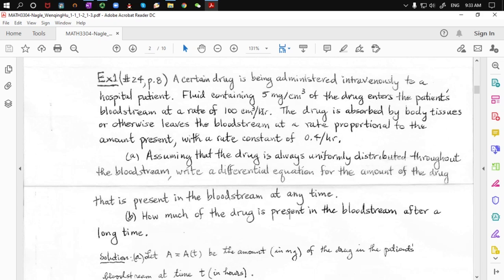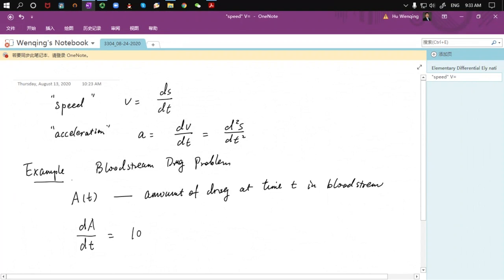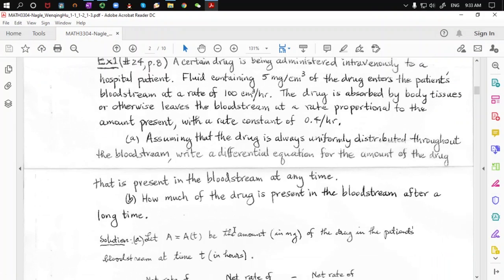Well, the inflow is the fluid that enters the bloodstream. That's 100 cubic centimeters per hour, containing 5 milligrams. So in terms of the amount of drug, it is 100 multiplied by 5. You have to use the concentration multiplied by the per unit time volume, right? So that's the inflow of the drug.